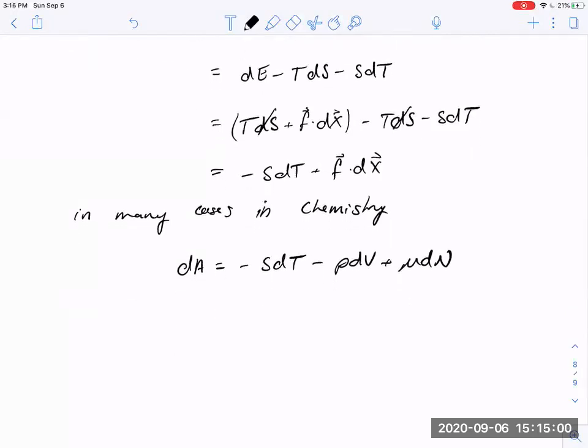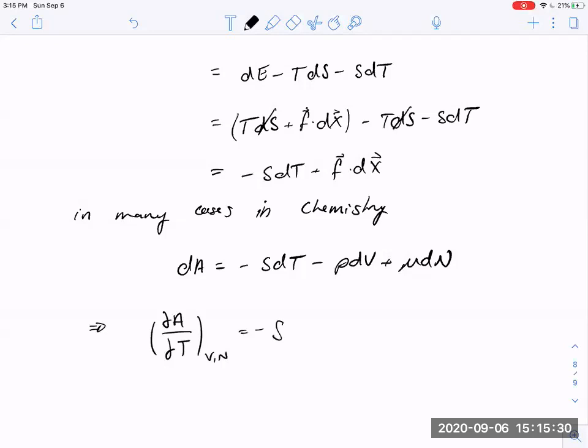That then gives rise to other relationships, other definitions for the quantities S, P, and mu. This would mean that changes in the Helmholtz free energy with changes in the temperature, if I fix the volume and the number of particles, is what I mean by minus the entropy.